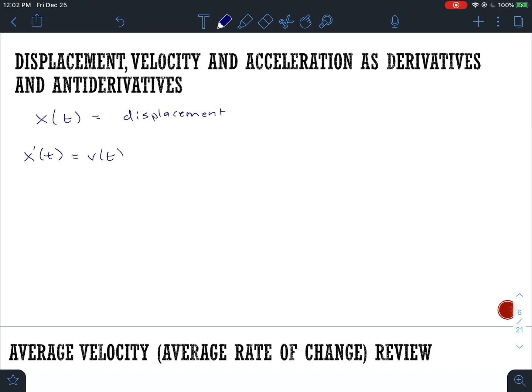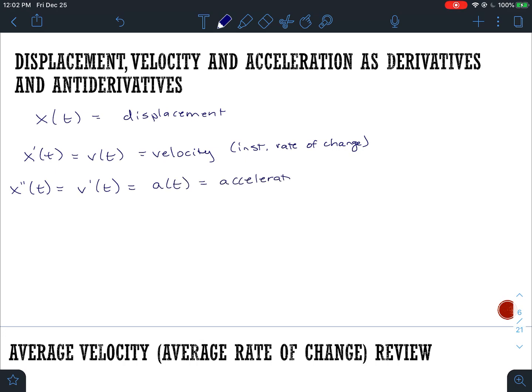If you take the derivative of displacement, you get your velocity function. And so that is your instantaneous rate of change. So the instantaneous rate of change of displacement is the velocity. If you take the second derivative of displacement, or if you take the first derivative of velocity, you get your acceleration function.